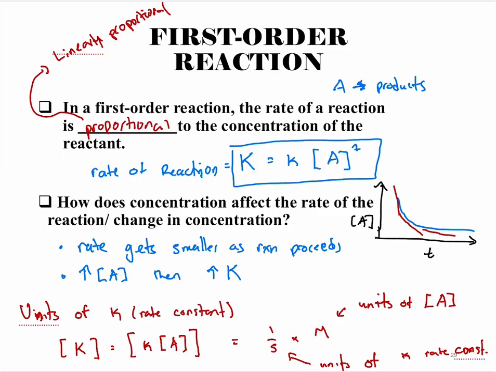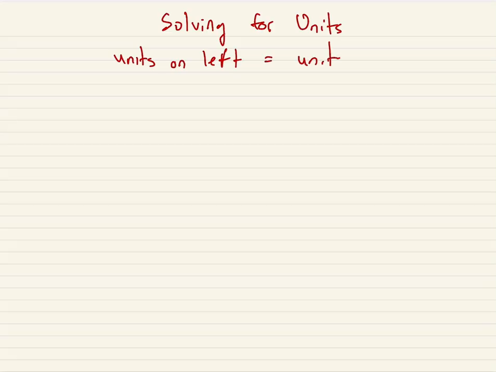All right, am I good to go on? All right, so let's look at solving for units. We need the units on the left to equal the units on the right.